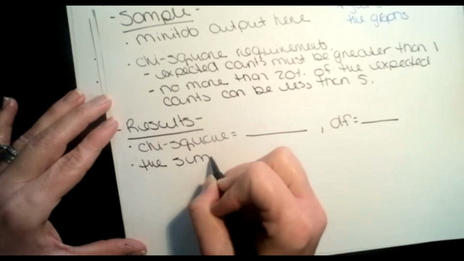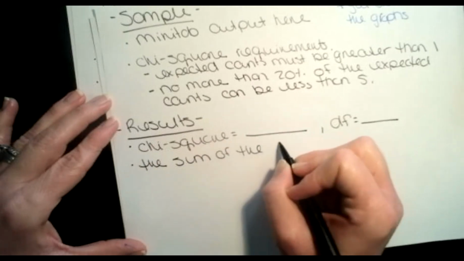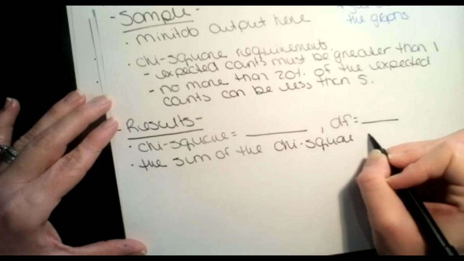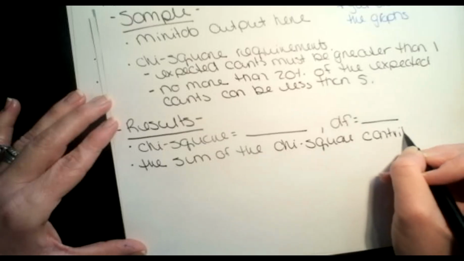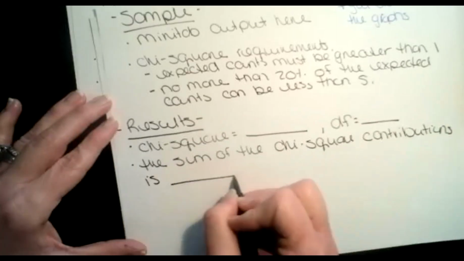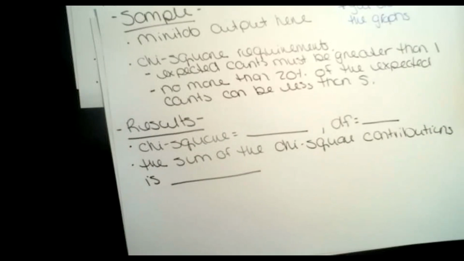So the sum of the chi-square contributions is, and then you're going to plug in your value.